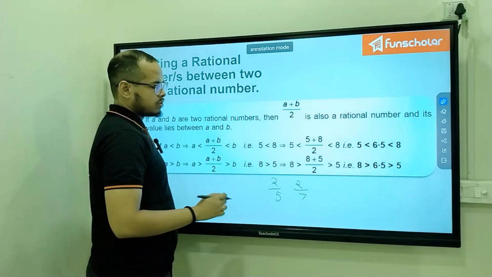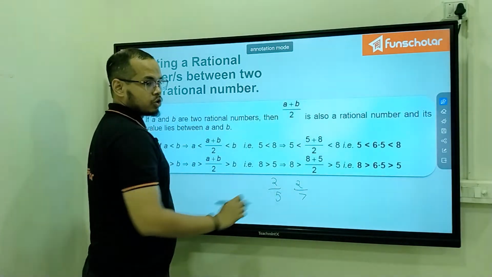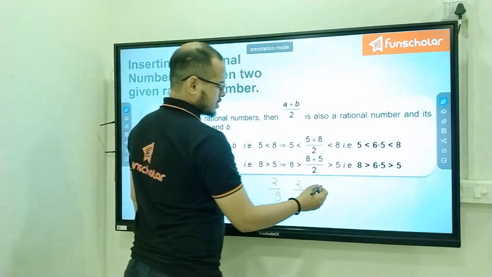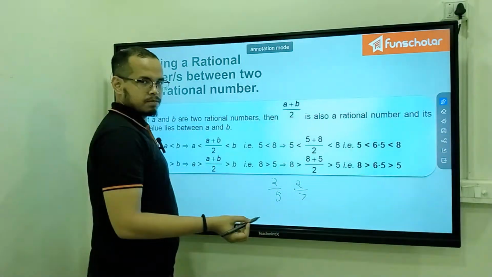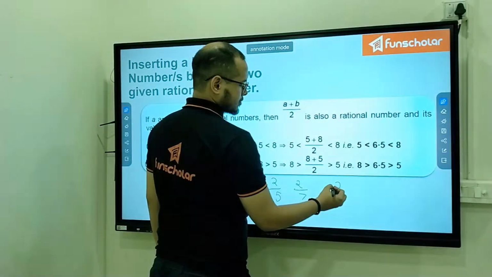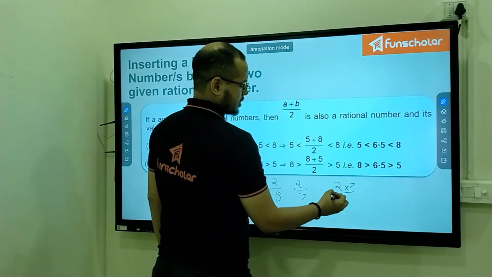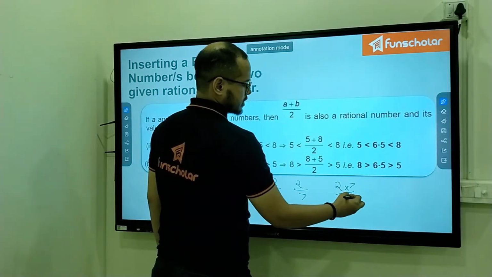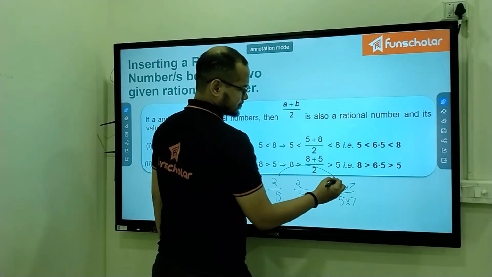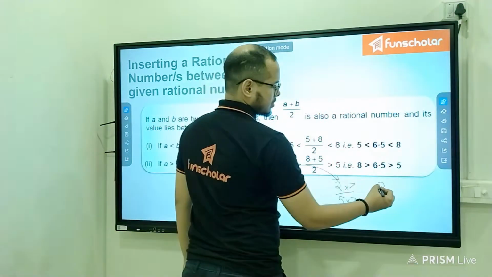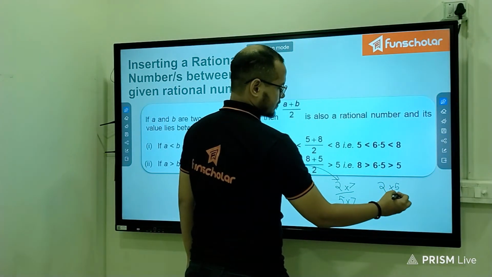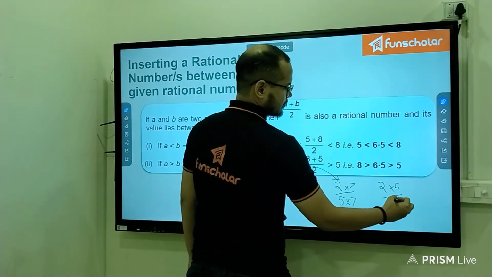First thing I will do is make sure both of the denominators are the same, so the LCM, nothing else. So 2 into 7 divided by 5 into 7 for this, and for the second one 2 into 5 over 7 into 5.